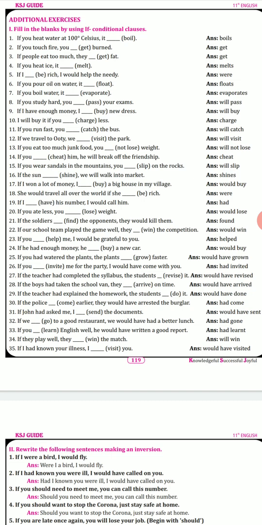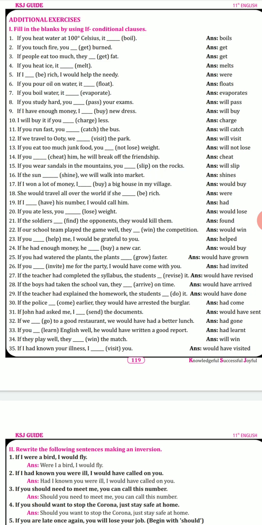And then sentence 19: if I (have) his number, I would call him. This is improbable or hypothetical. So here we have to use simple past tense in the subordinate clause and would with the simple present tense verb in the main clause. So we have to change the verb have into past form. So had: if I had his number, I would call him.